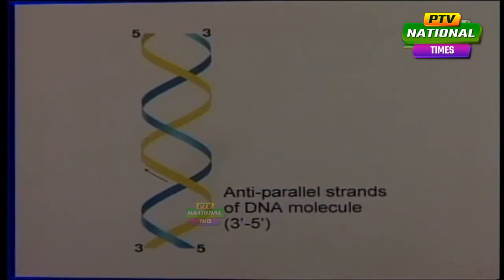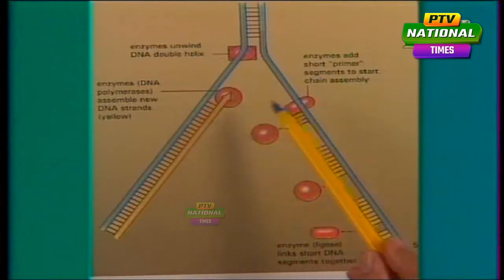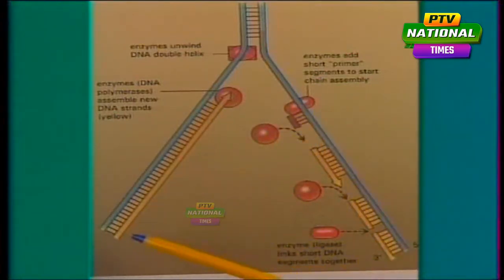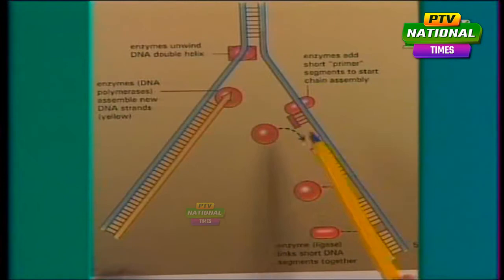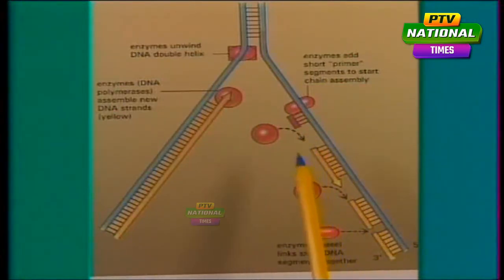As the DNA molecule has 2 antiparallel strands, thus the enzyme carries on continuous replication from the 3' to 5' end. But on the other strand, in other words, the 5' to 3' strand, the replication is discontinuous.